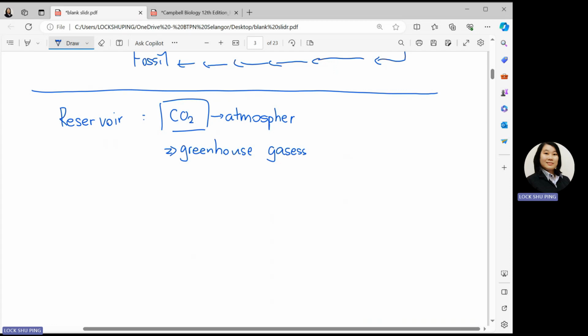Accumulation of carbon dioxide can eventually cause global warming, or the greenhouse effect, which is harmful for the ecosystem.